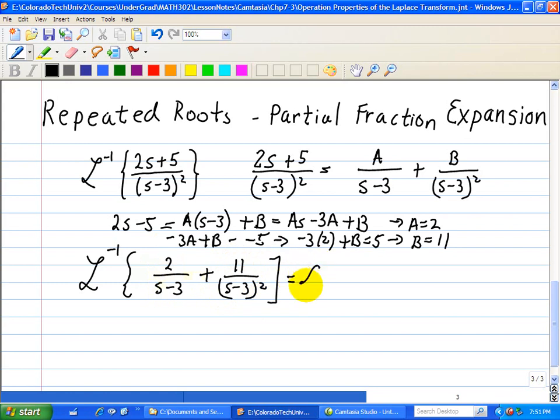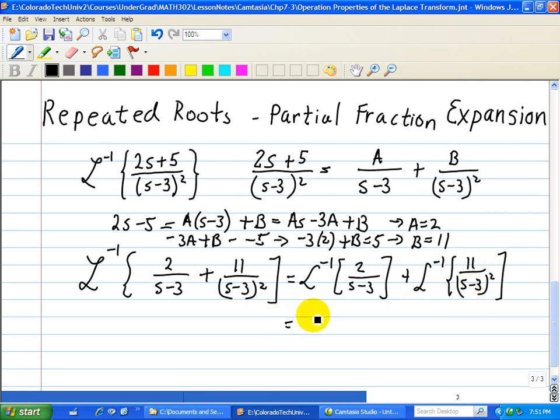Using linearity, it's the inverse Laplace transform of the individual terms here, 2 over s minus 3, plus the inverse Laplace transform of the second term over s minus 3 squared. We note that the inverse Laplace of the first is just 2e to the 3t.